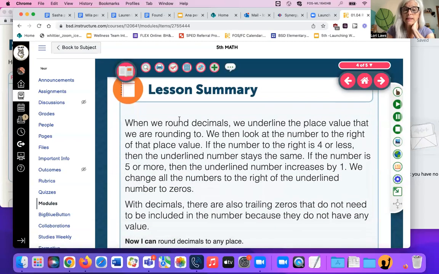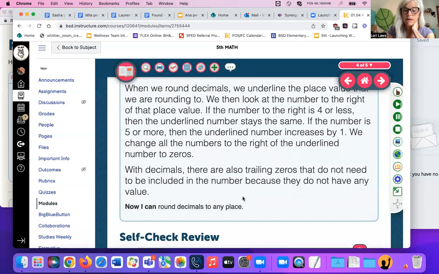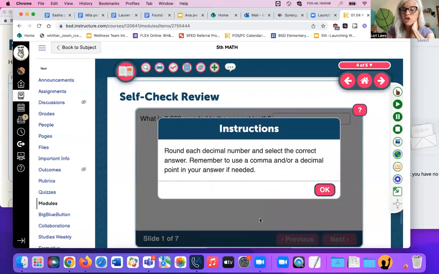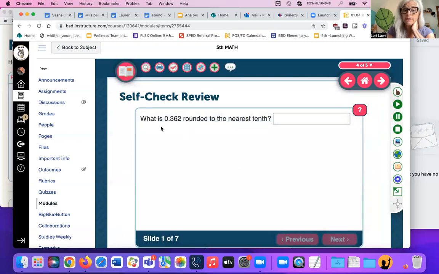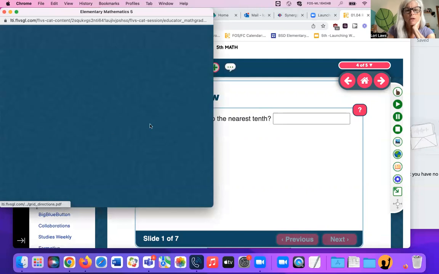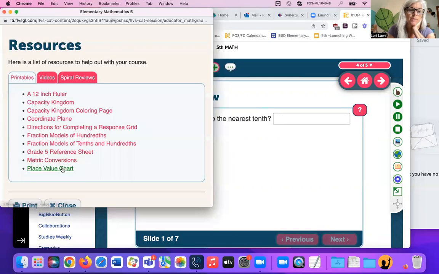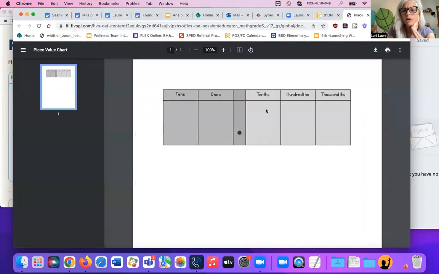What did I learn? Here's a lesson summary, talking about the rules, a self-check review that you should do to make sure you're ready for the quiz. What is 0.362 rounded to the nearest tenth? I can't remember where the tenths are. Let me look on my chart again. Oh, here's my place value chart. Tenths. Oh, here they are, right there next to the decimal.